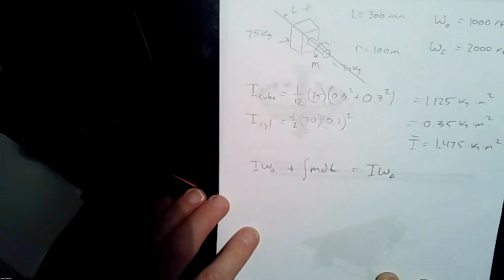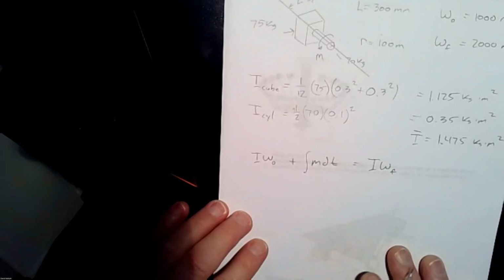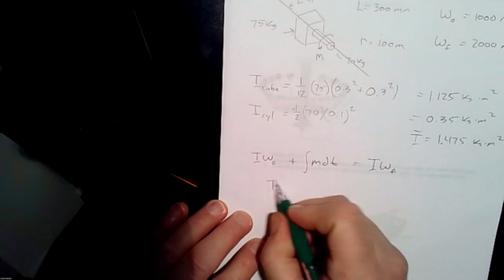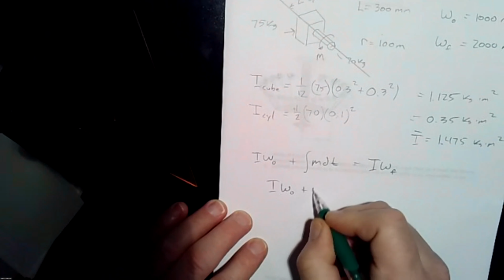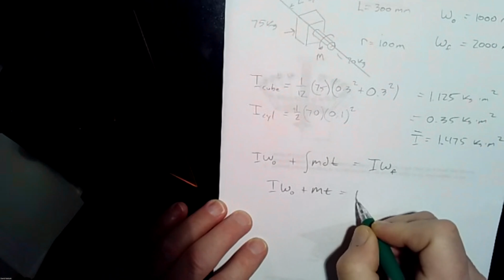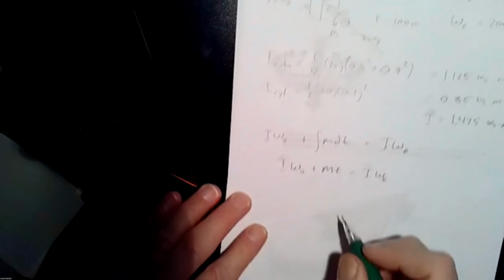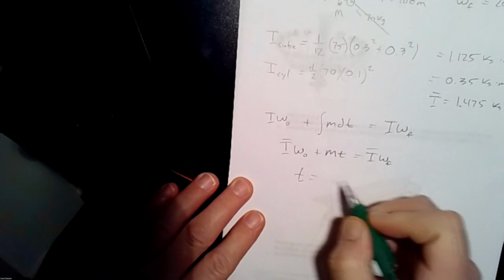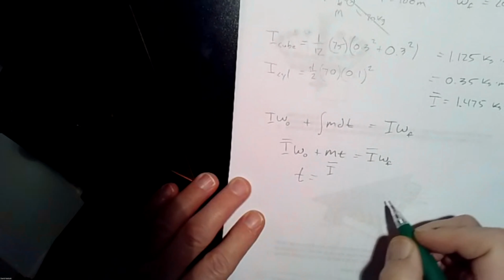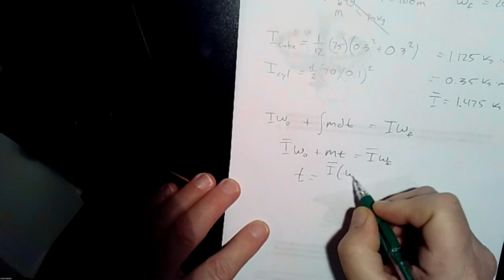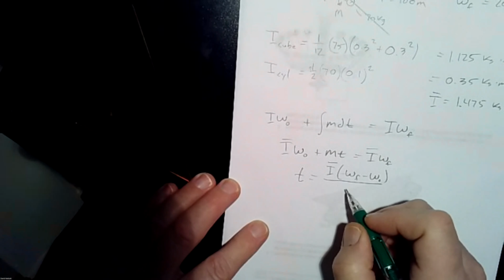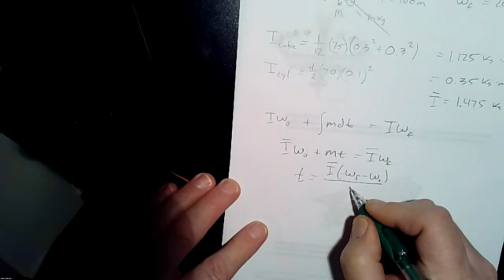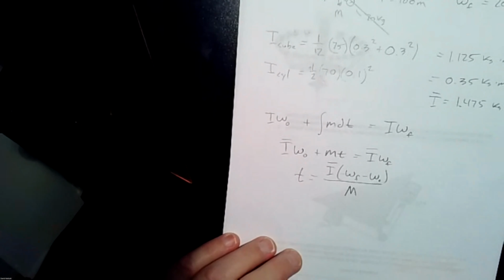So there's not a lot to this problem, because if we set it up as I omega naught plus Mt equals I omega final, and that's I bar, then time is just equal to I times omega final minus omega initial, all over the moment. Okay, that's big M.